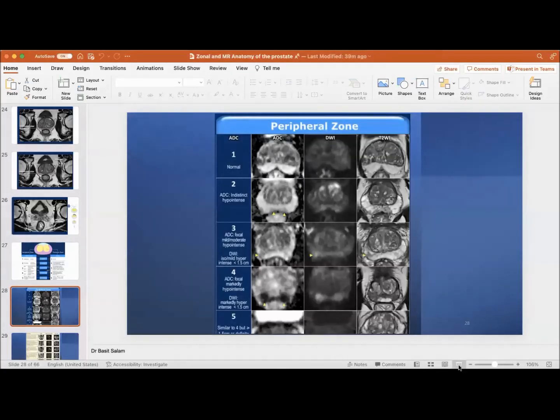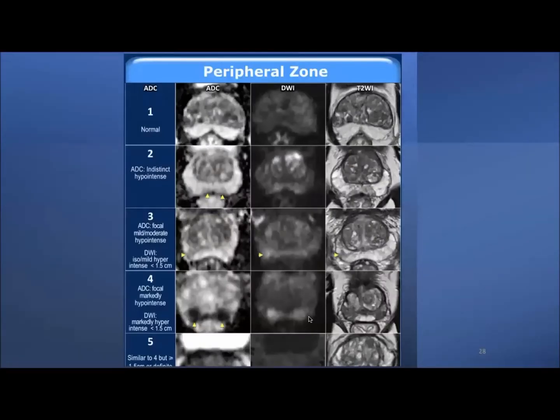If the high B value imaging corresponds with the ADC and T2 abnormalities, that particular lesion is to be considered highly suspicious and has to be characterized as either category 4 or 5, depending on other parameters that I described, which is the size. And thank you, now I can see the screen.